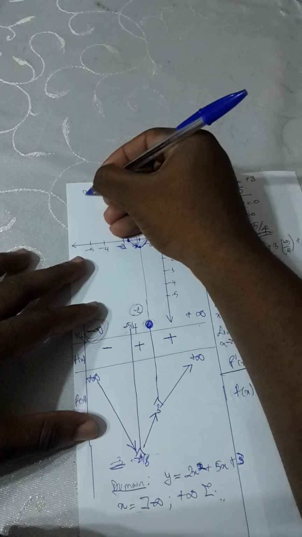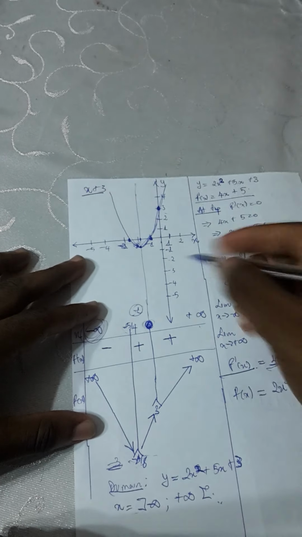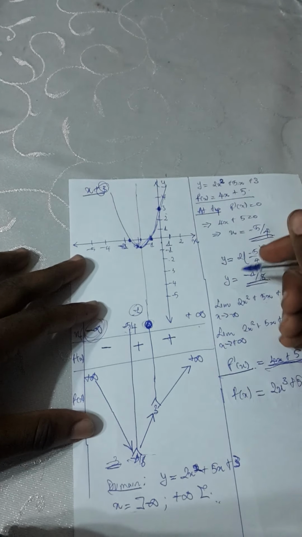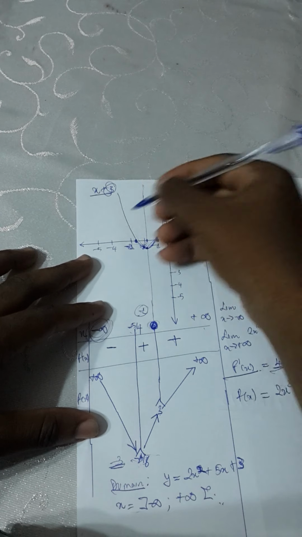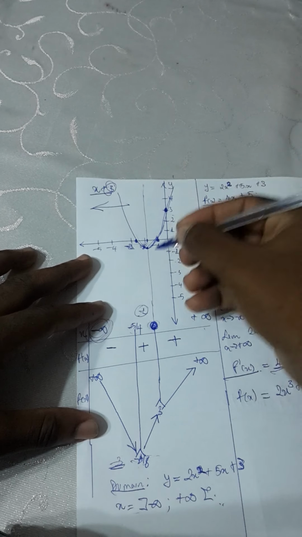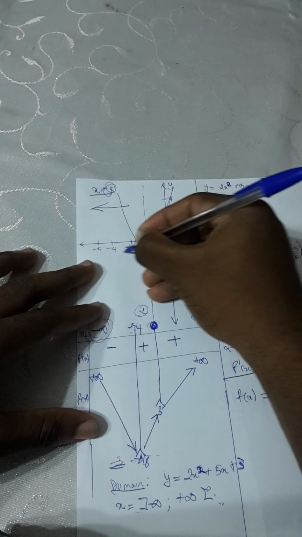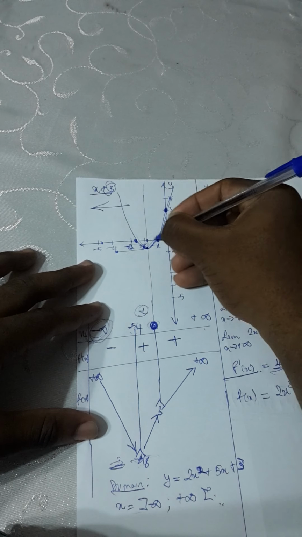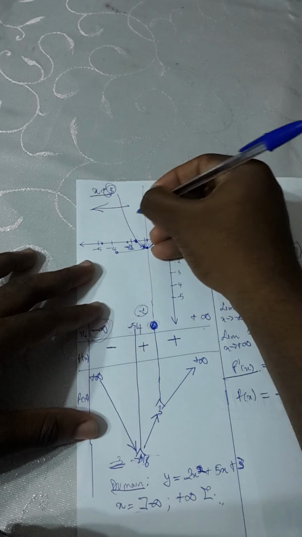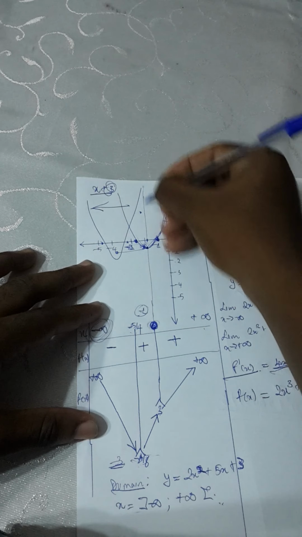I know that there was an x plus 3, so the x plus 3 is going to cause this curve to shift 3 units to the left. So I'm going to shift 3 units to the left and put the negative 1, 3 units here, this one here, 3 units here, and this one, 3 units here, to have my new curve.